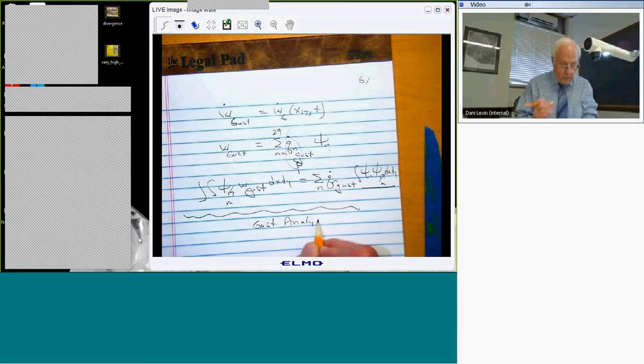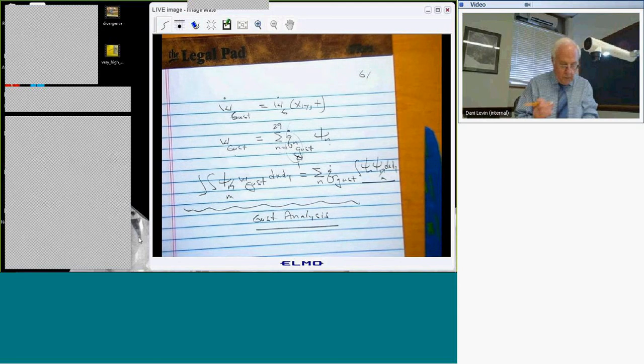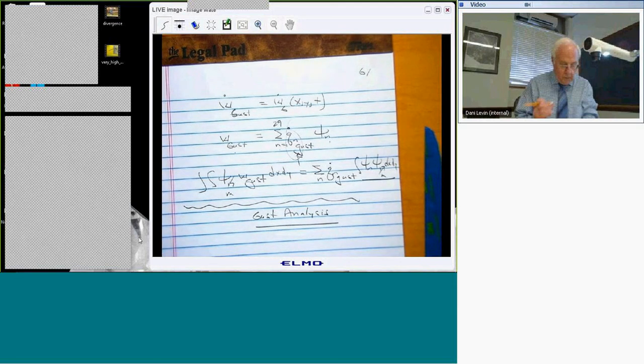And in the spirit of getting on with it, we'll just use one mode, right? Often in preliminary design work, they only use one mode to do a gust analysis. Now, you have to use the right mode.